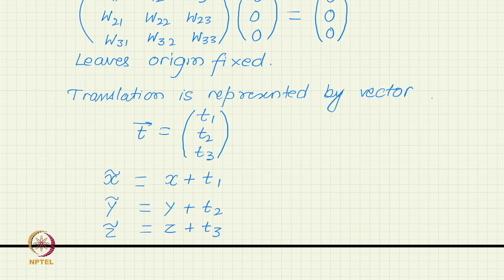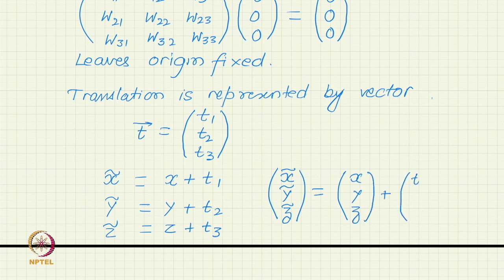Or if you want to write it as a vector mapping, the column vector as it is called. So, that is not a matrix operation, it is simply a vector addition. So, translation is represented by a vector addition. You add a fixed vector to all vectors.